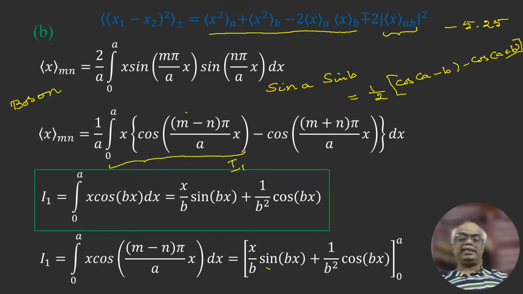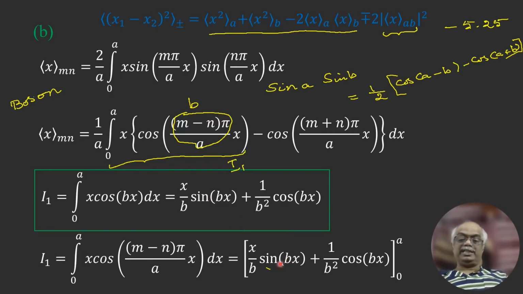Here the entire thing I am taking as p, that is p is equal to (m minus n) pi divided by a. So x cos px dx. The general solution for this integral is x over p sin px plus 1 over p squared cos px.